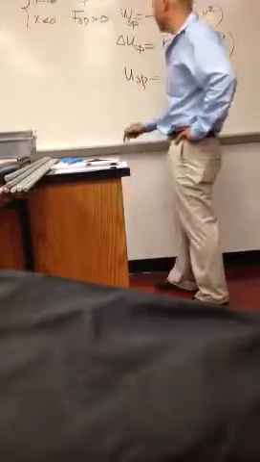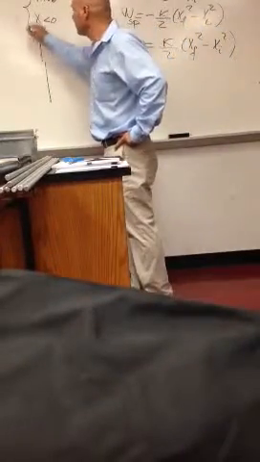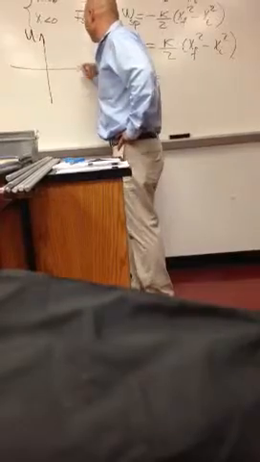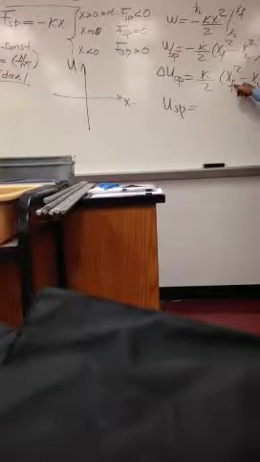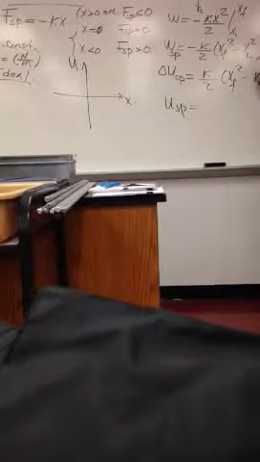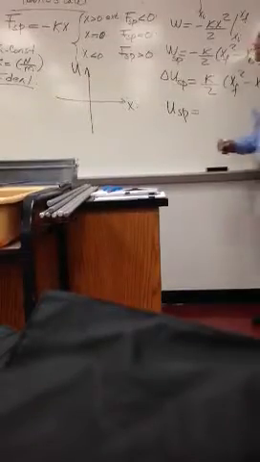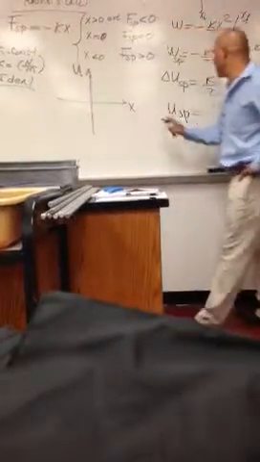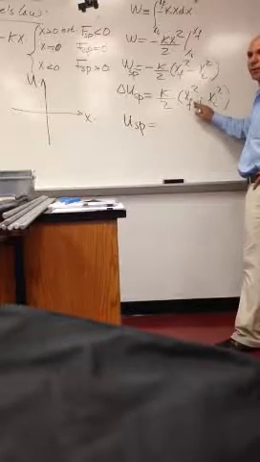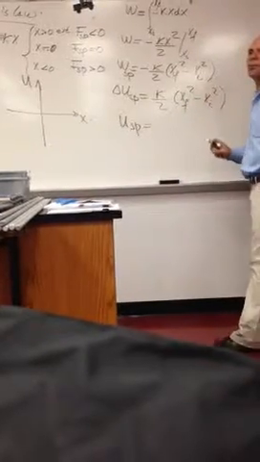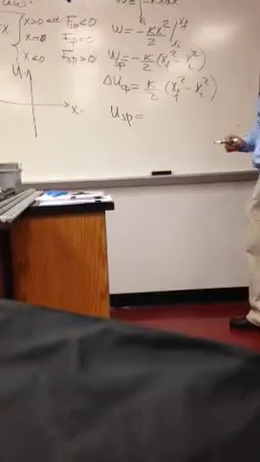So if I graph potential energy versus x, how will the graph look? K over 2 x squared, right? At 0, what will be the potential energy? At 0, if it's K over 2 x squared, at the point of equilibrium, what do you think the potential energy will be? 0.